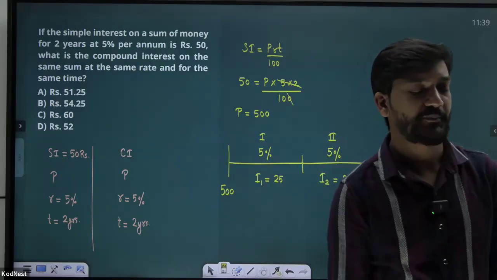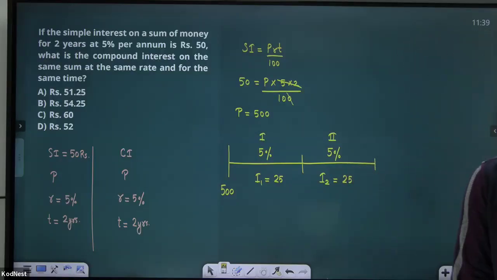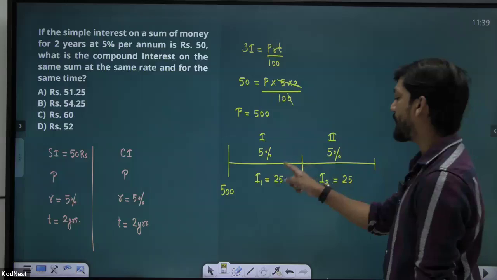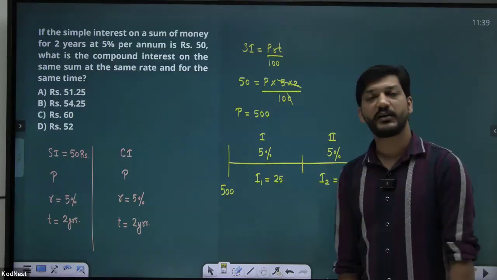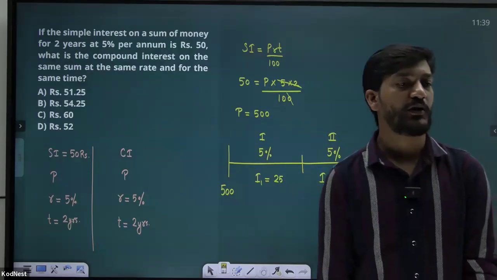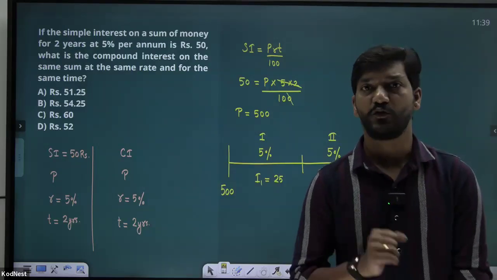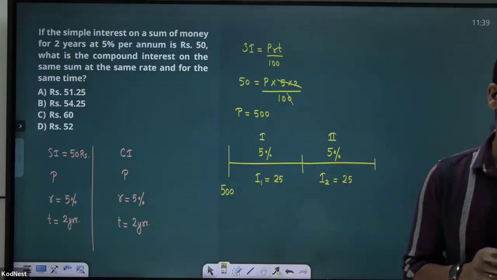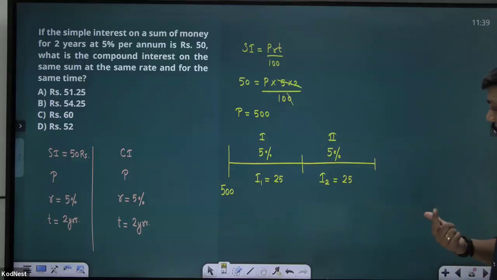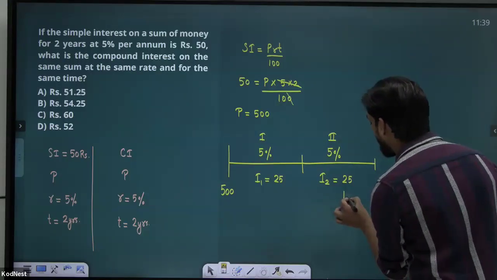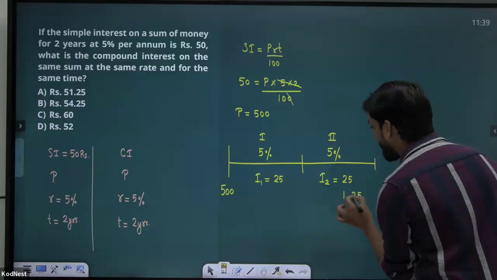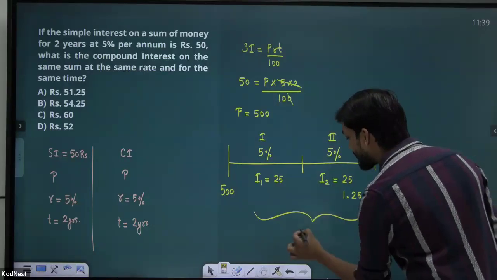I want to see 5% of the previous interest. So 10% is 2.5, so 5% will be half. Half of 2.5 is 1.25. So this is your compound interest.